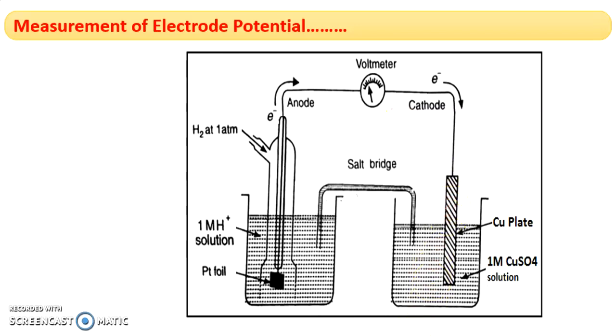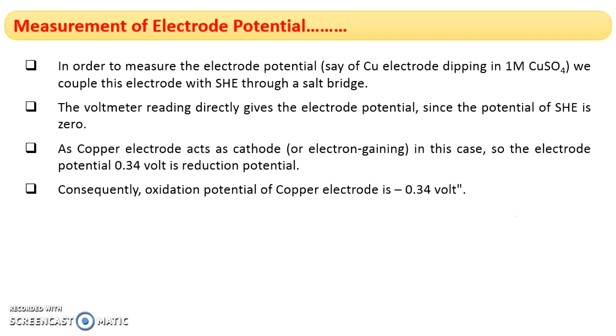So 0.34 volts, which is given by the voltmeter, is the reduction potential of the copper electrode. And if you want to find out the oxidation potential, we have to change the sign. So the oxidation potential of the copper electrode is minus 0.34 volts.